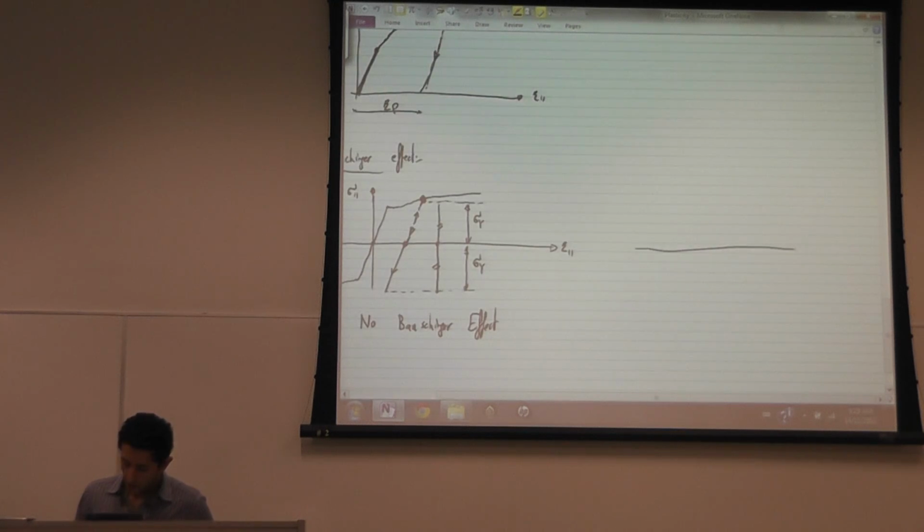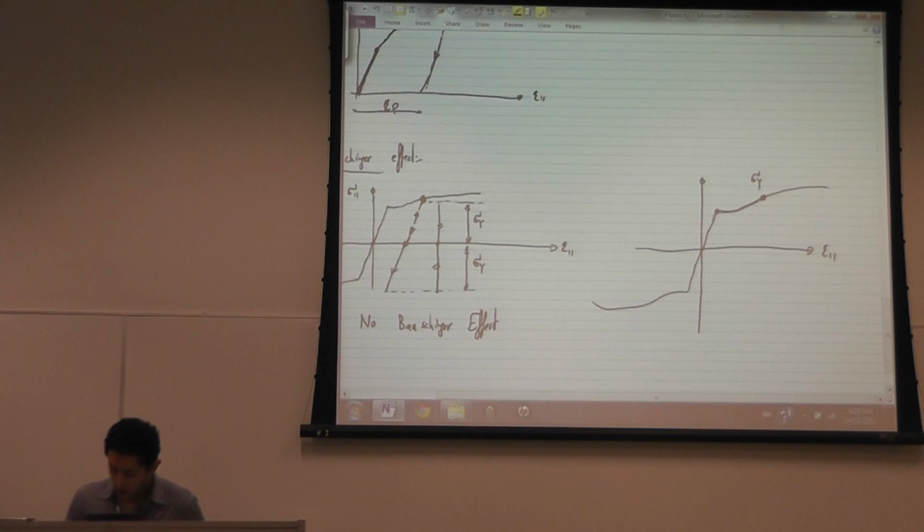If the specimen has what is referred to as the Bauschinger effect, if this is the behavior in tension from a zero state, and if this is the behavior in compression from a zero state, and I load the material so that I increase its yield stress in tension, so that the yield stress in tension is higher than the initial yield, and then I start loading and unloading, it will follow this curve.